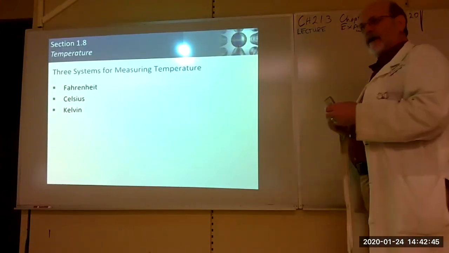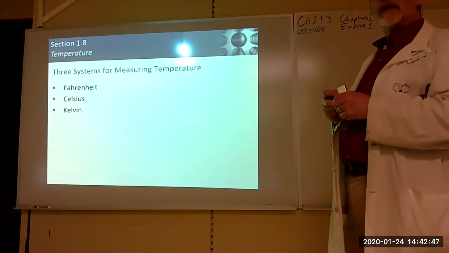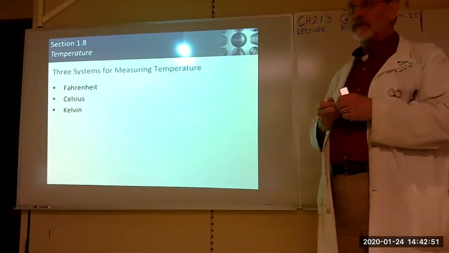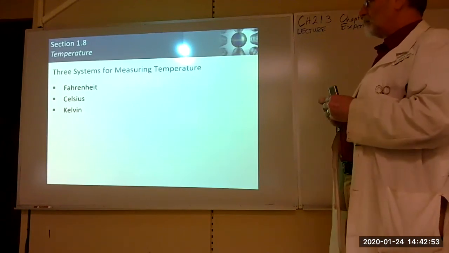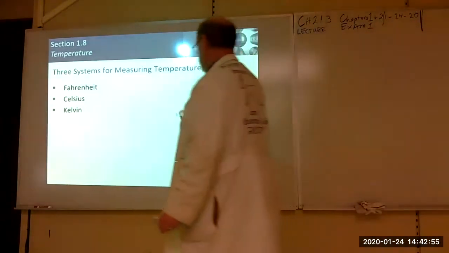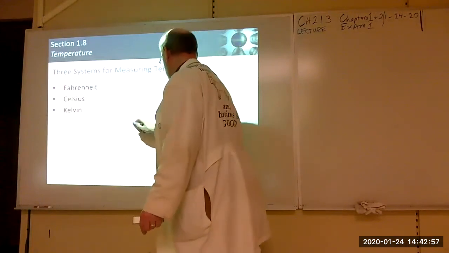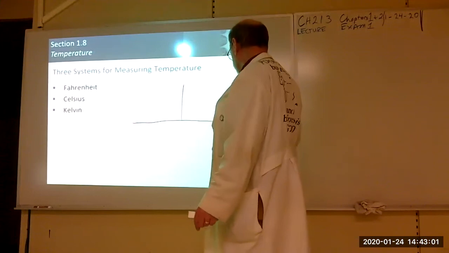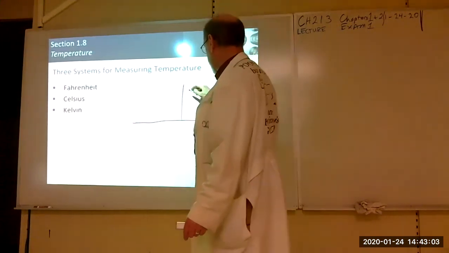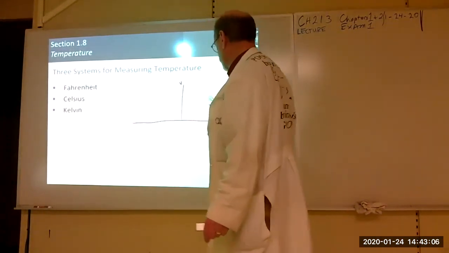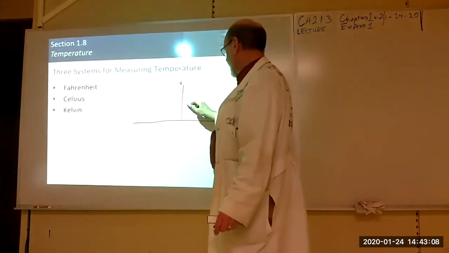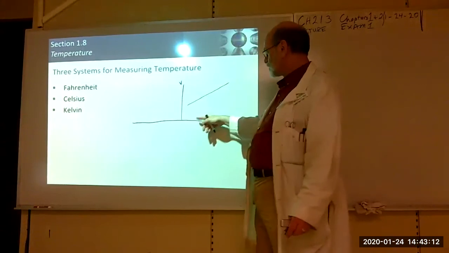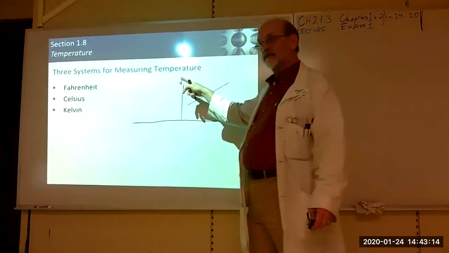Kelvin. Okay, Kelvin is an absolute temperature scale. It was devised by Lord Kelvin when he noticed that on the centigrade scale, measuring volume versus temperature, for gases, as the temperature increased, the volume increased.